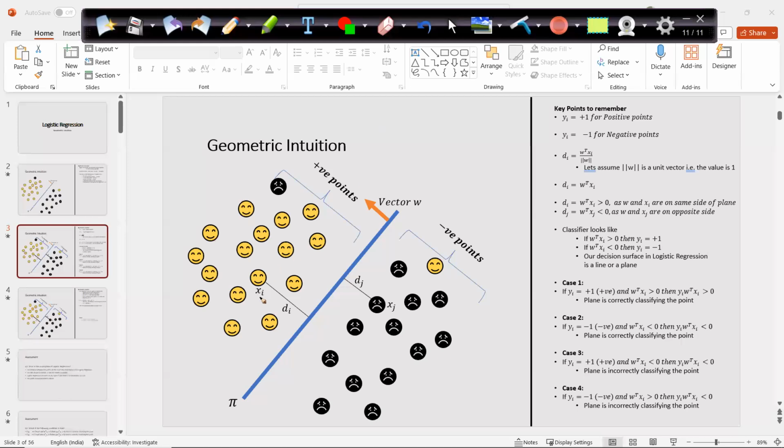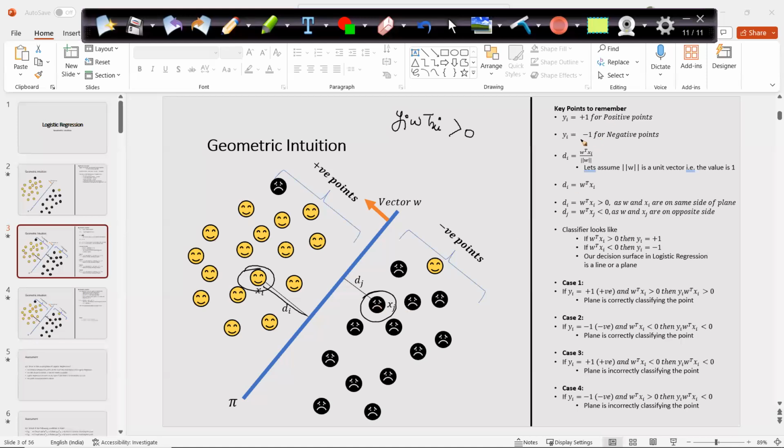So let's calculate yi W transpose Xi for this guy. The yi W transpose Xi for this guy will be positive because the distance is positive and you are also a positive point. So positive times positive will become positive. What about this guy? The distance is negative and you are also negative.